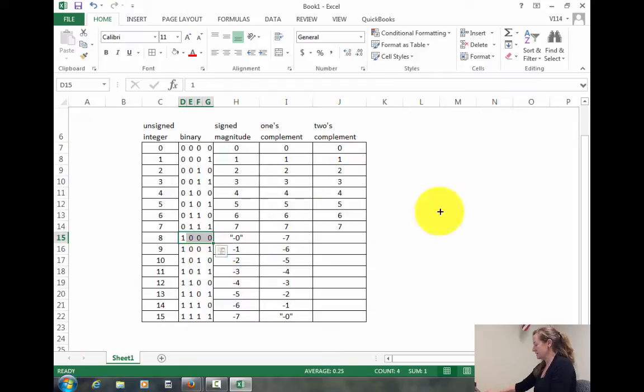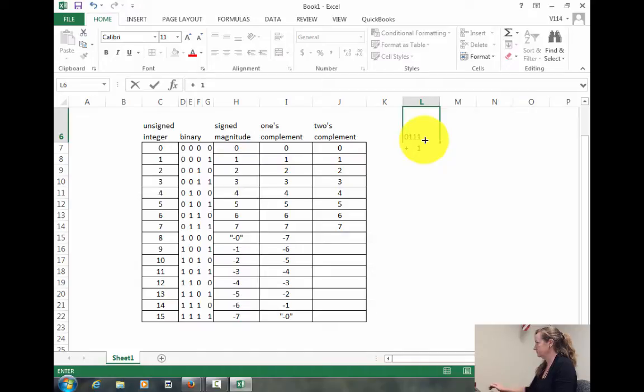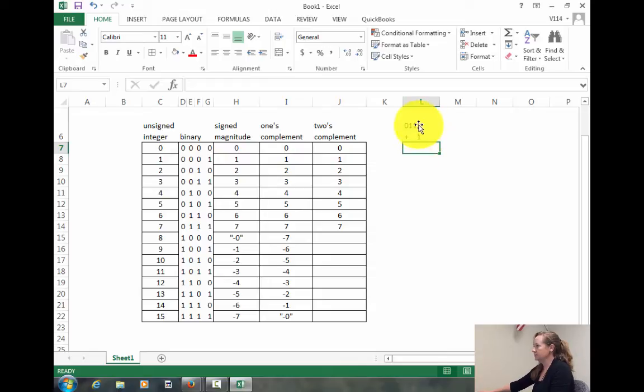So I'm doing this math right here. I'm saying 0, 1, 1, 1 plus 1. Okay, and so it would be 1 plus 1 is 0, carry the 1. 1 plus 1 is 0, carry the 1. 1 plus 1 is 0, carry the 1.